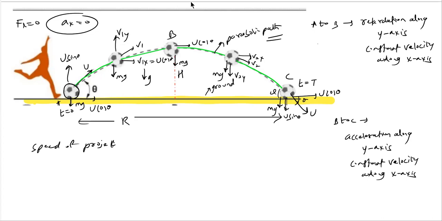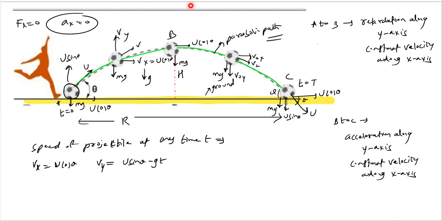Speed of projectile at any time t is given by vx equal to u cos theta. Let me use this data here. What about vy? u sine theta minus gt.